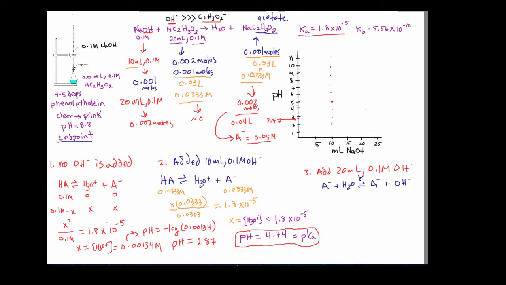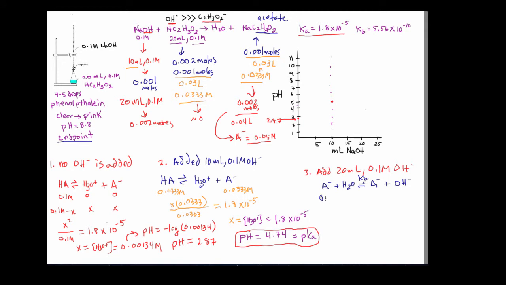So to find the pH now, we have the equilibrium problem of a weak base added to water. This is the same as adding the salt of a weak acid to water, and then we have to find the pH. So what we're going to find first is the pOH, and we're going to need the Kb for this.